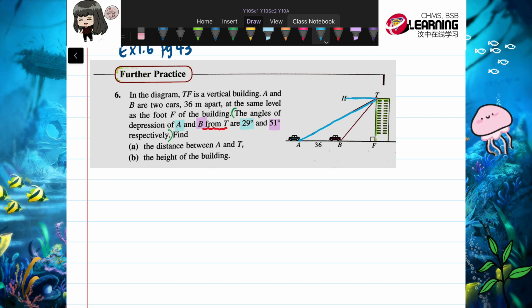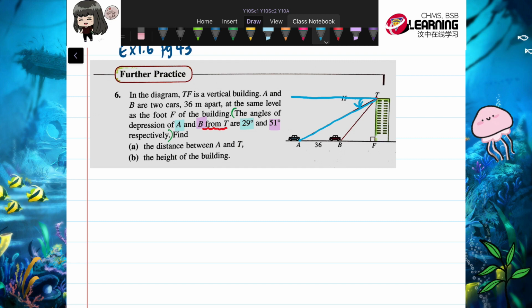You are looking down, this is your horizontal level. I draw it like that, and then you are looking down to car A. This angle going down is 29 degrees. Remember the definition of the angle of depression is the downward angle from the horizontal to the line of sight. The line of sight means to the object. So this is 29.